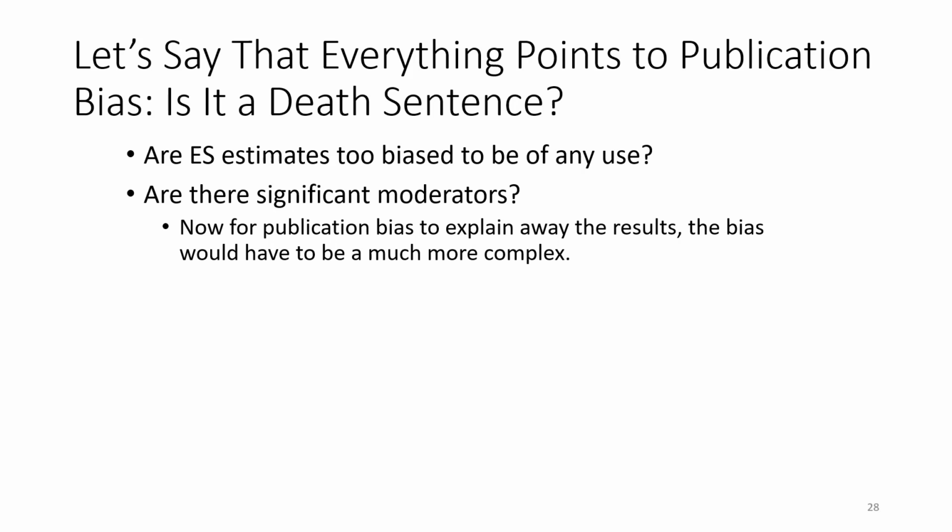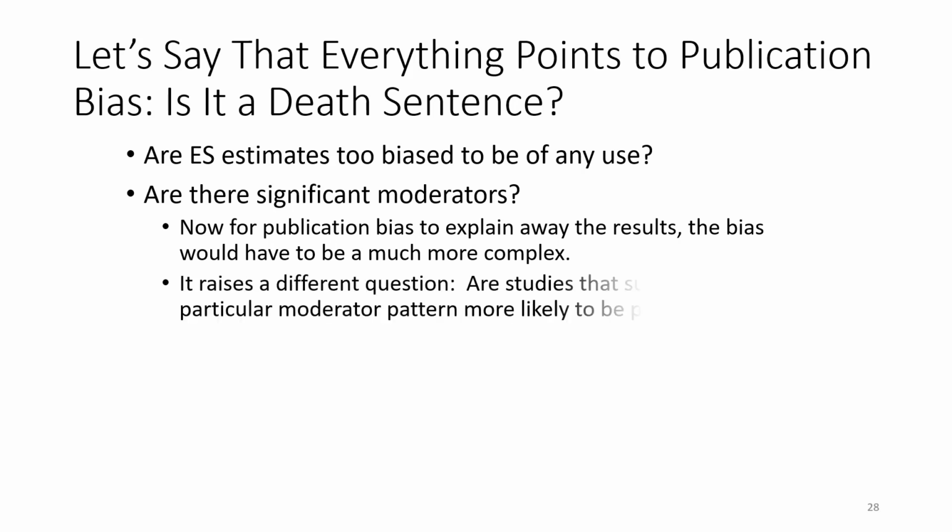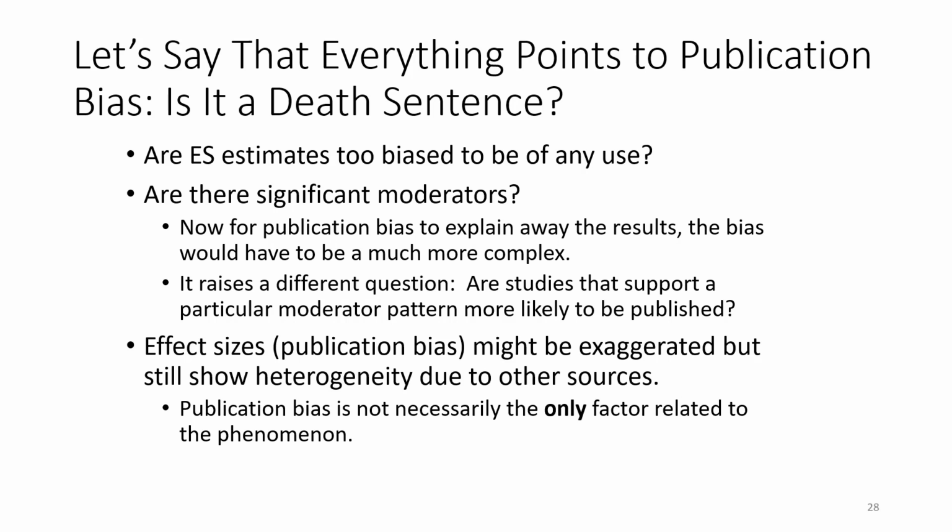So again, the publication bias can be disguised as something else. Right? And put another way, studies that support a particular moderator pattern may be more likely to get published. So this would be a much more complicated problem. And as I've been saying all along, you might see publication bias, but alongside heterogeneity that's due to other sources.